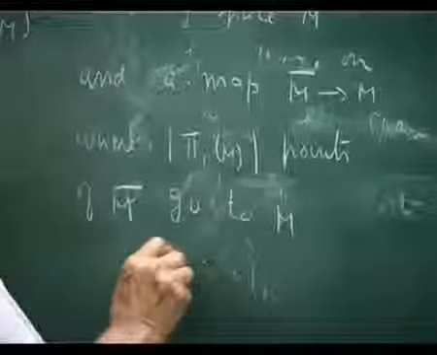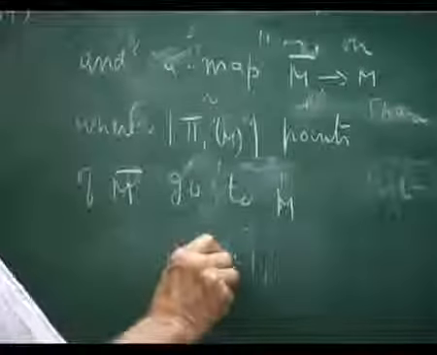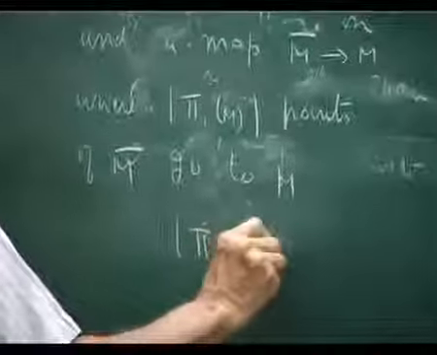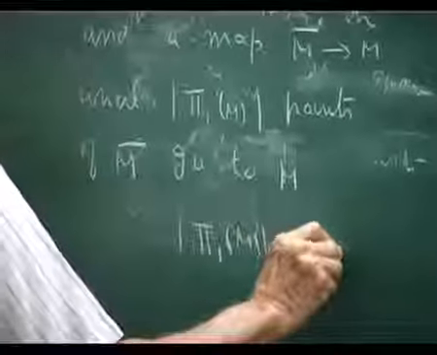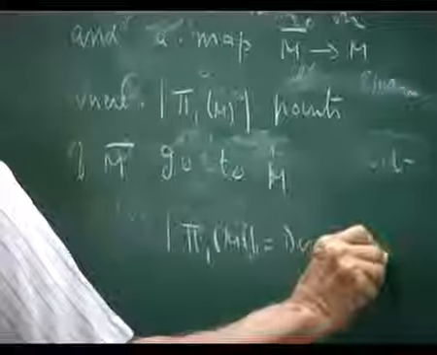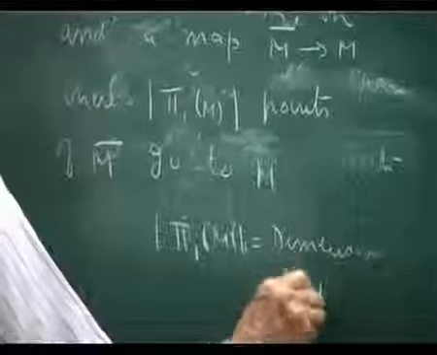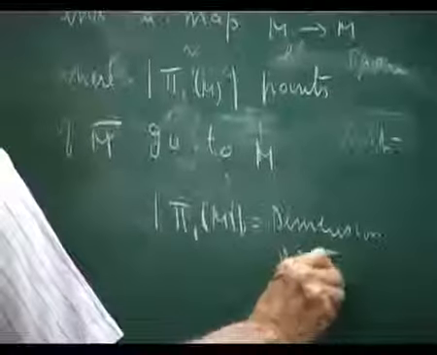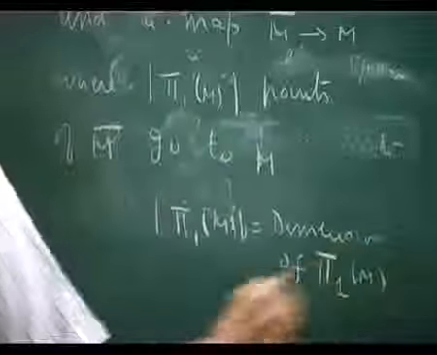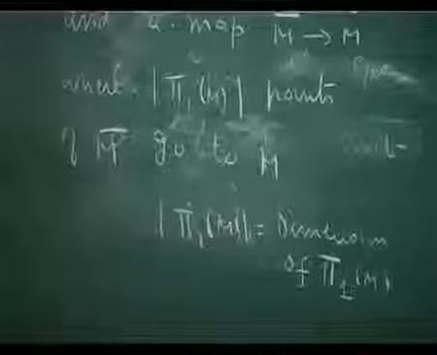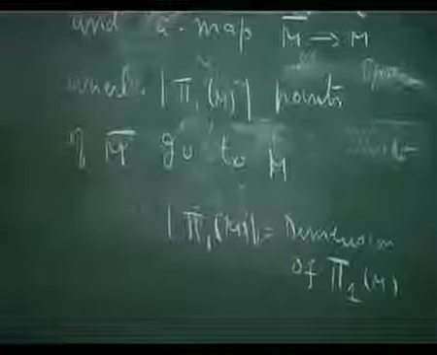That is, this one is pi 1 of m, it is just the dimension of m. Pi 1 m. Okay, it is always discrete.